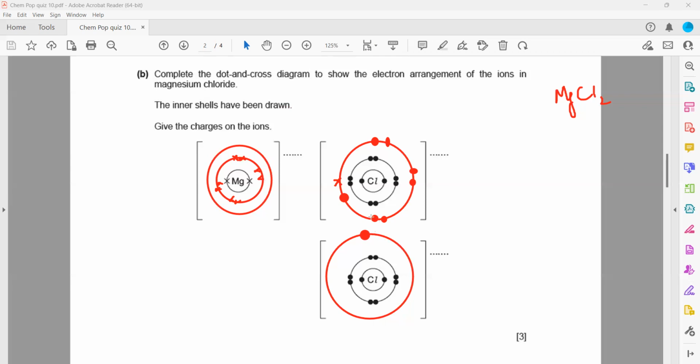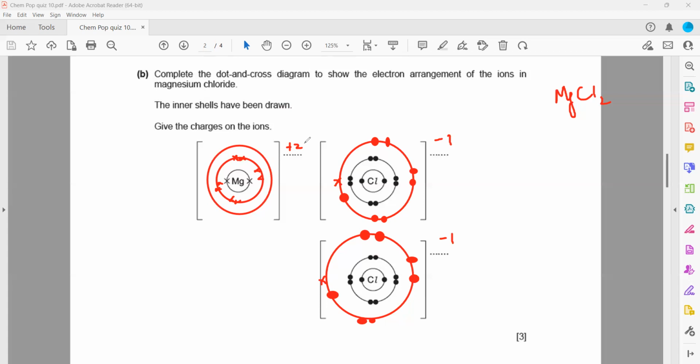Because each chlorine gains one electron, the charge on each chloride ion is -1, and magnesium loses 2 electrons, so it will be +2. So this is the dot and cross diagram for magnesium chloride.